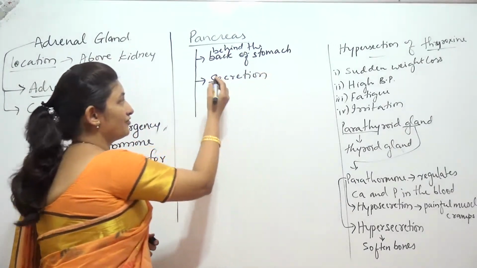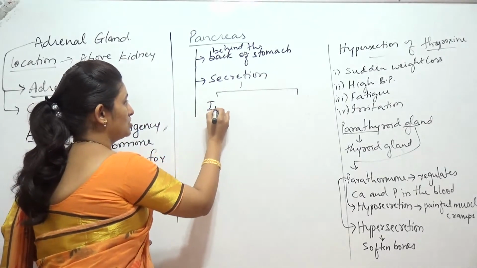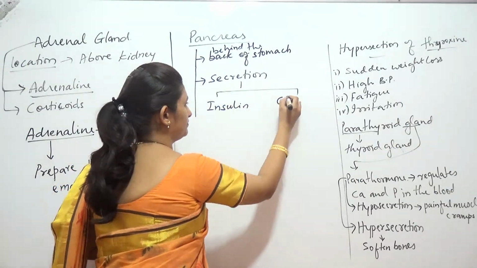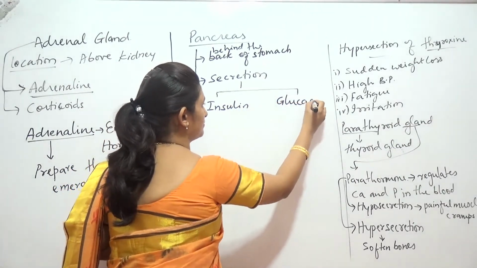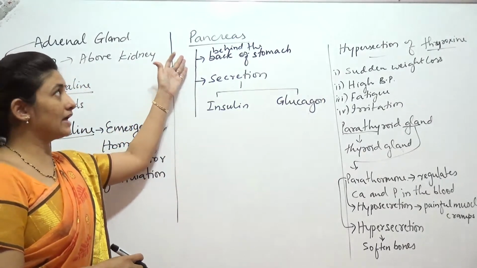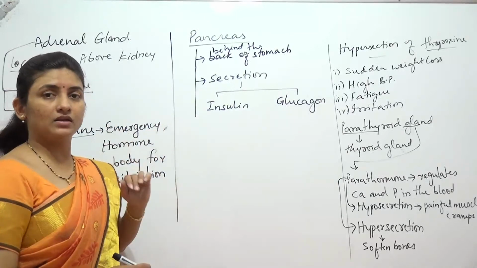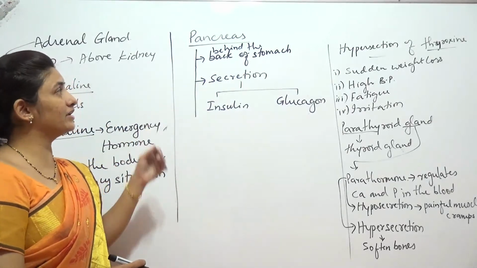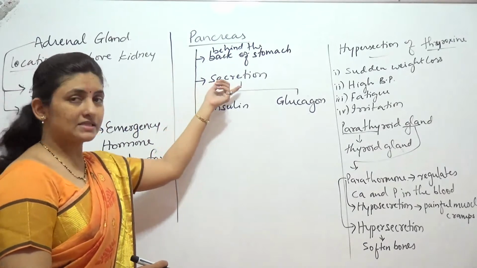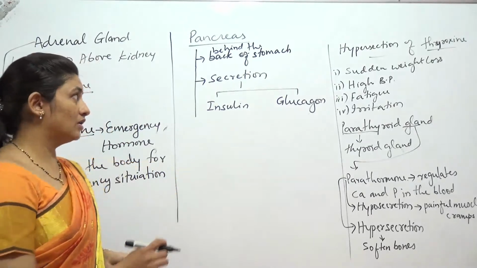The secretions of the pancreas are insulin and glucagon. As it is a heterocrine gland, at present we are learning the endocrine part of the pancreas, which is located behind the stomach. Its secretions are insulin and glucagon.